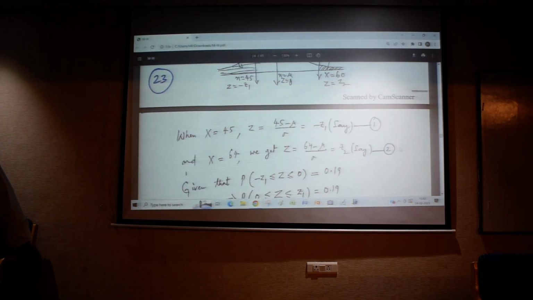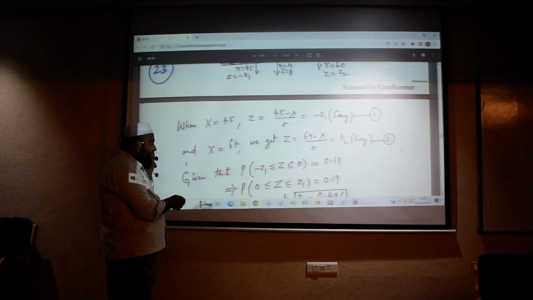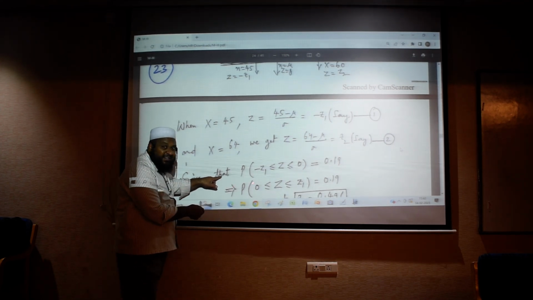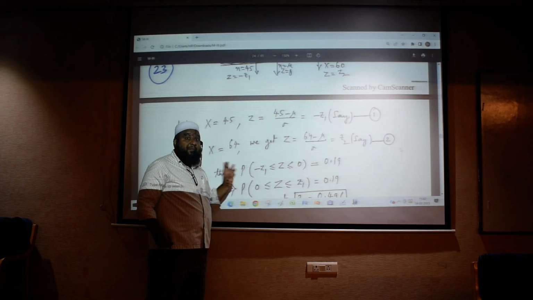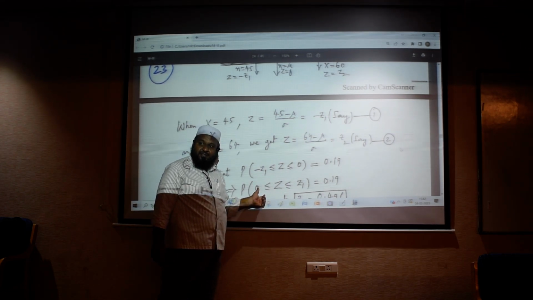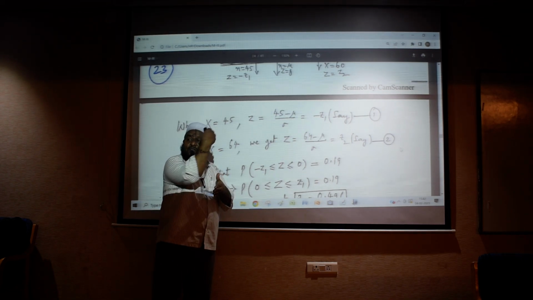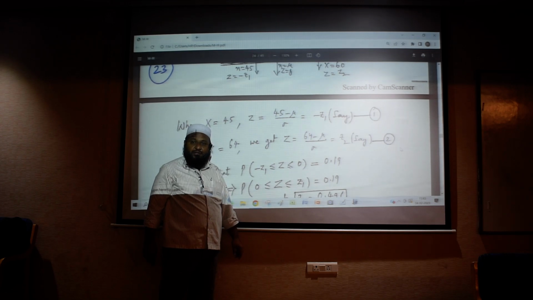Here this line, minus z1 to 0, is 0.19. I wrote given because it is indirectly given as 0.19. Now from minus z1 to 0, it is the same as 0 to z1. Instead of taking this side, I am just going to that side. 0 to z1 is 0.19.